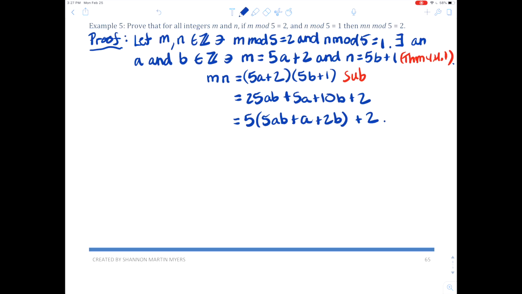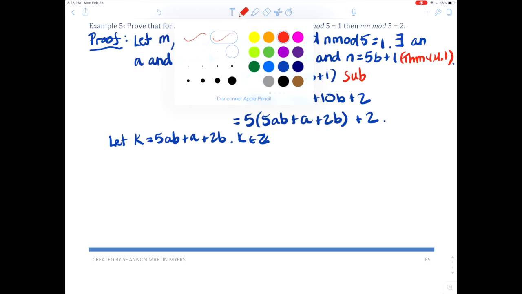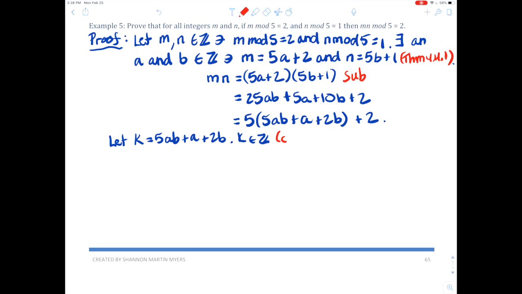So, all right, why don't we let k equal 5ab plus a plus 2b. k belongs to the integers because of beautiful closure properties. If you multiply integers, you get an integer. If you add integers, you get an integer.